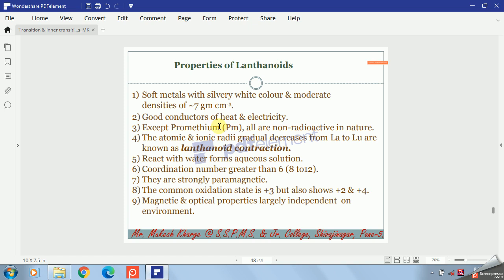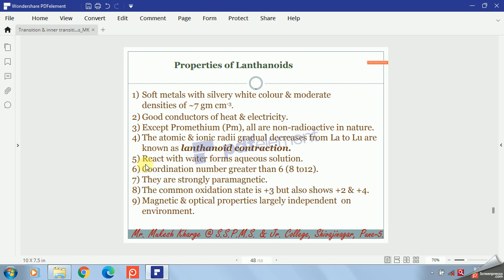Third, except promethium, all other lanthanides are non-radioactive in nature. So promethium is the only radioactive one. Then the atomic and ionic radii gradually decrease from lanthanum to lutetium, and this property is known as lanthanide contraction. We will discuss this in detail in our next slide.